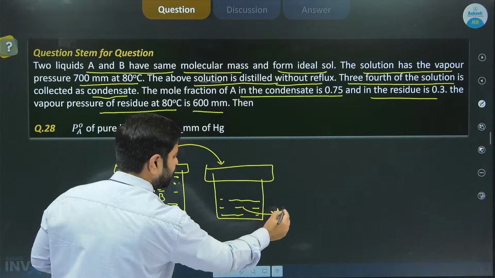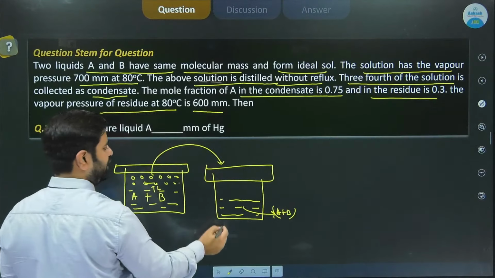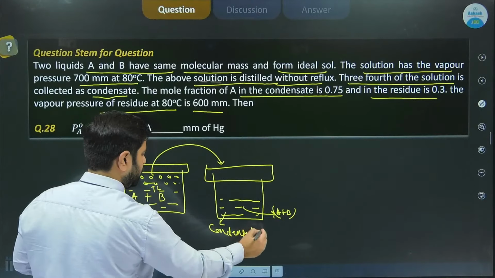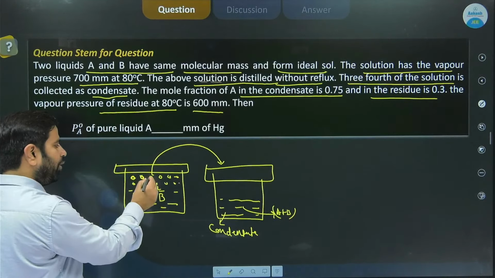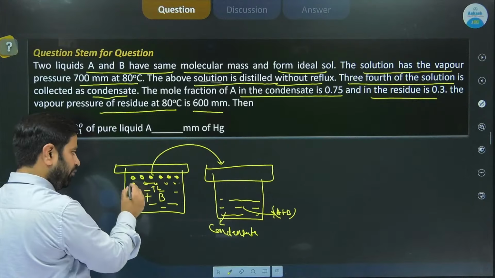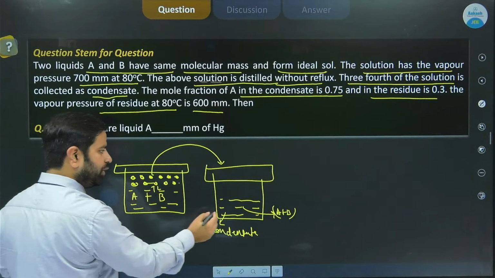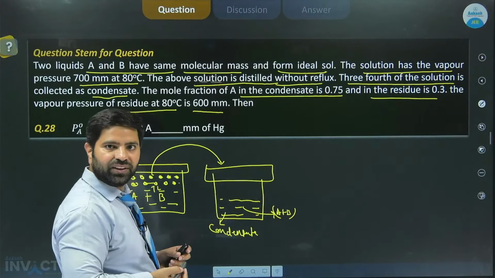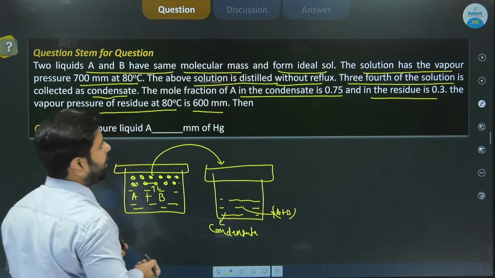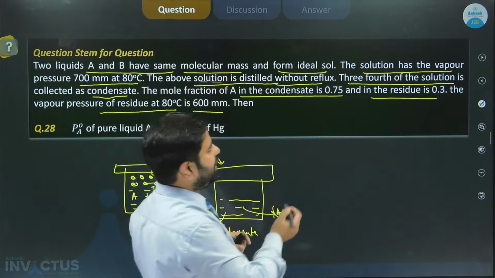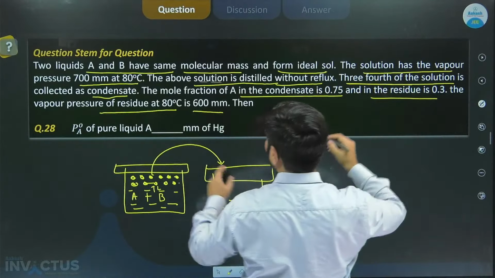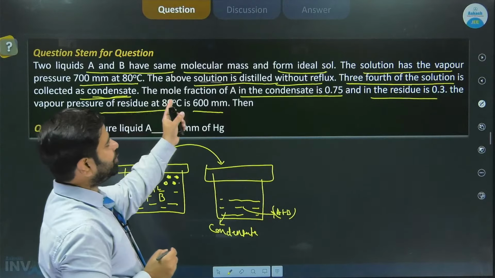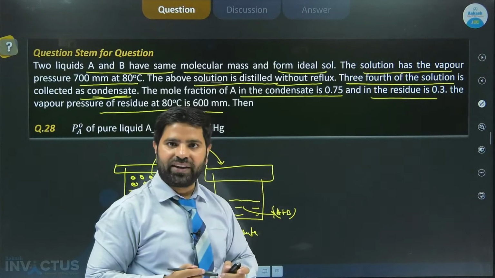That is known as the condensate. So the mole fraction of A and B in the vapor phase would be equal to the mole fraction of A and B in the condensate phase. This is the concept. Now the question is telling that 3/4 of the solution is collected as the condensate and the mole fraction of A in the condensate is 0.75.